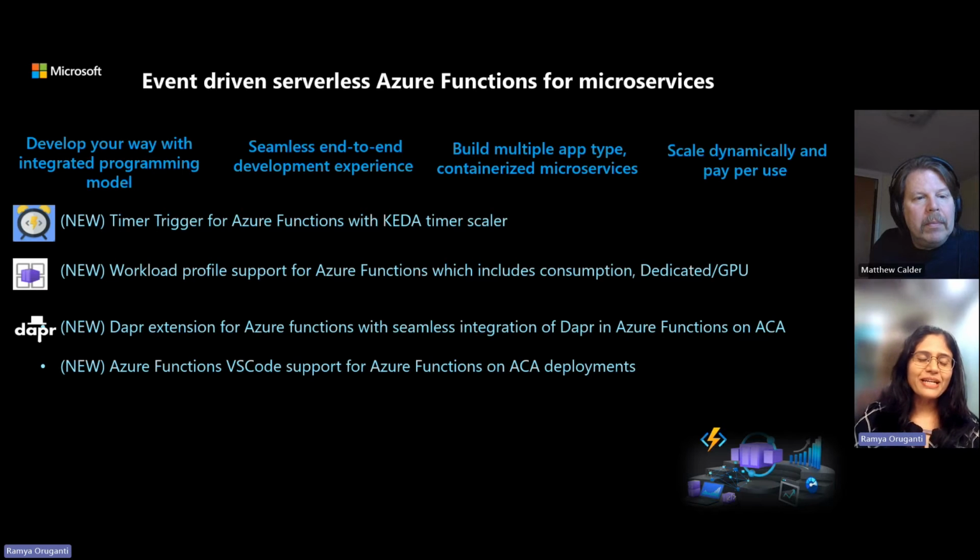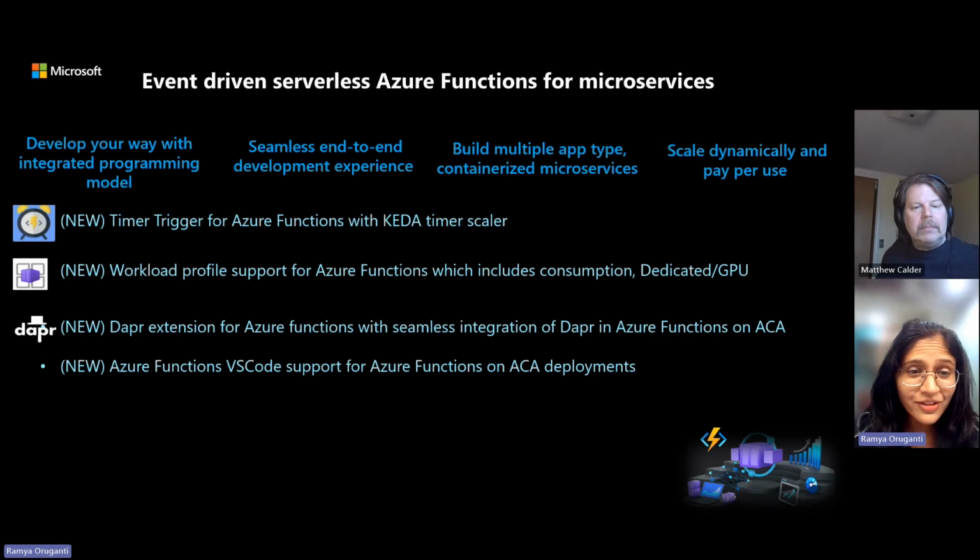So like I mentioned at the beginning, there are several enhancements that we've been doing to functions on container apps, and you'll be hearing more, and we're about to GA launch the service as well. But before that, we're excited to announce the following features, which is the platform managed scaling support for timer trigger in Azure Functions for container apps. So this will allow customers to run a function on a particular schedule, and it enables function apps to scale to 0.